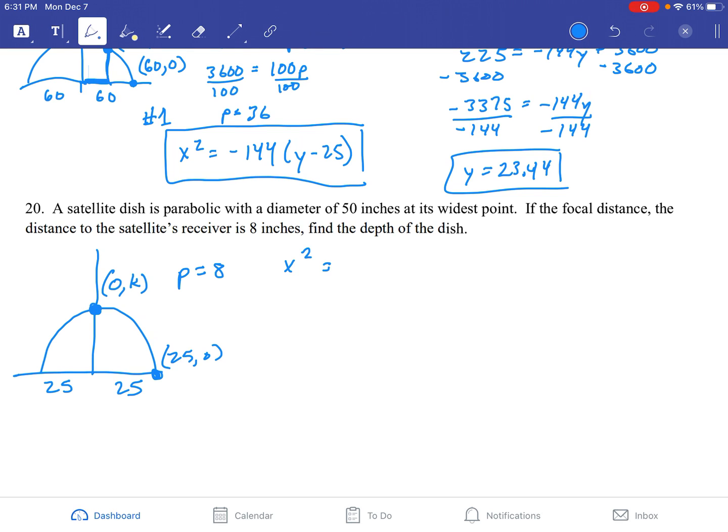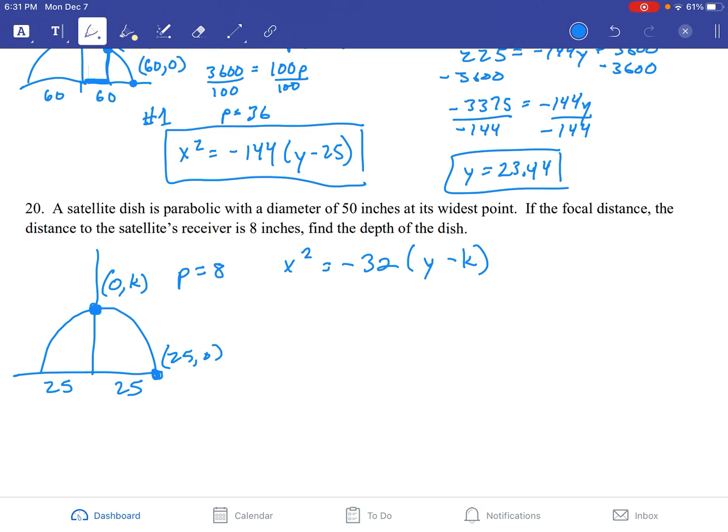Equals, if the graph is going down, it's going to be negative. We're going to multiply the p value by 4, so it's going to be negative 32. And then the y value minus k.